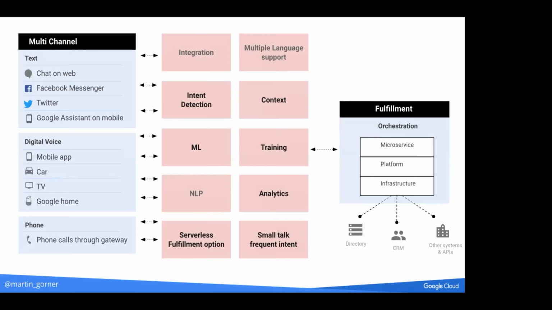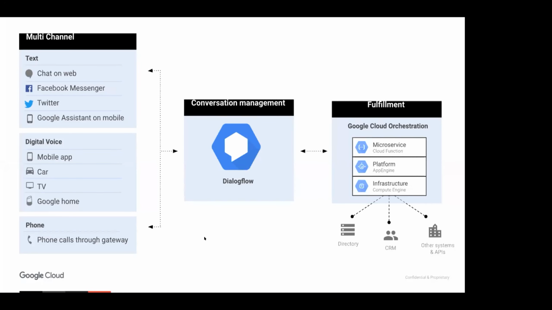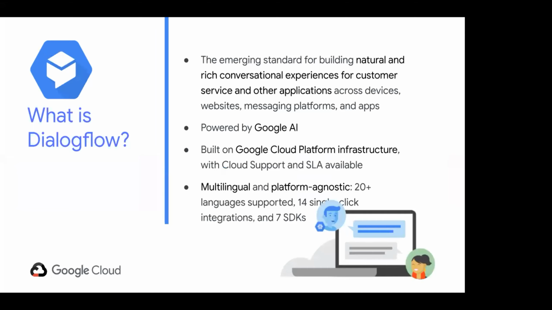You can create a lot of IP out of this work as well. There are some tools you can learn about on the Google Cloud website, like Dialogflow, a tool from Google Cloud used for developing chatbots and voice bots, and for orchestrating the fulfillment to the backend.